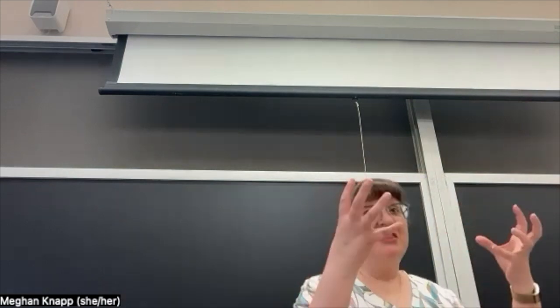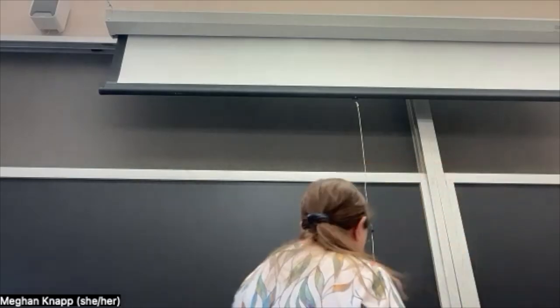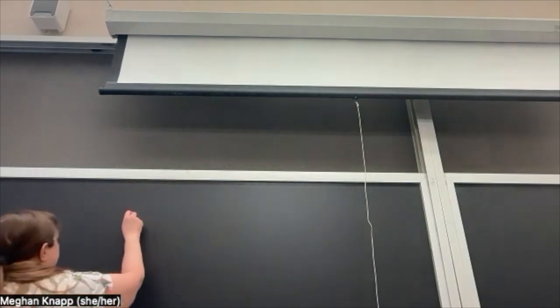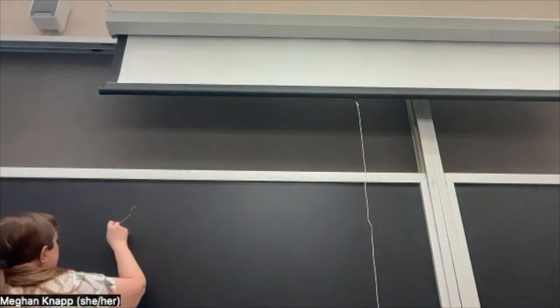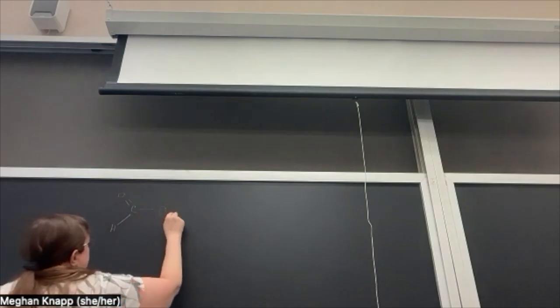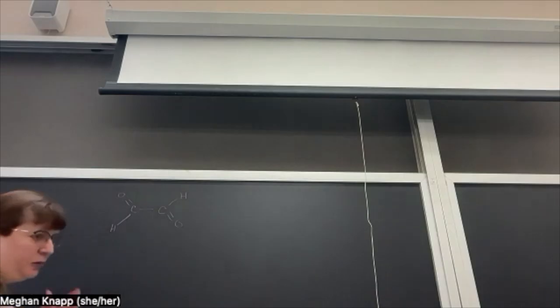So big things want to get out of each other's way. Okay. It can twist around, but we're going to look at it as if it's flat. So I've got C, H, O, C, O, H. I'm going to leave out lone pairs for the moment.